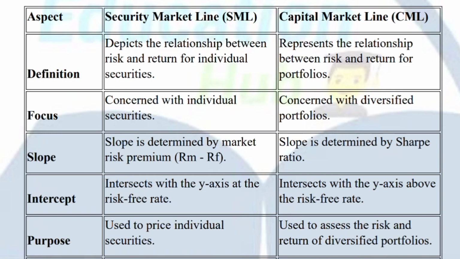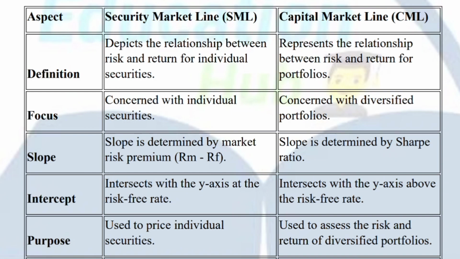But on the other side, the capital market line is determined by the Sharpe ratio. Sir, what is the Sharpe ratio? The Sharpe ratio helps investors measure the excess return per unit of the total risk of a portfolio. I repeat my point again.